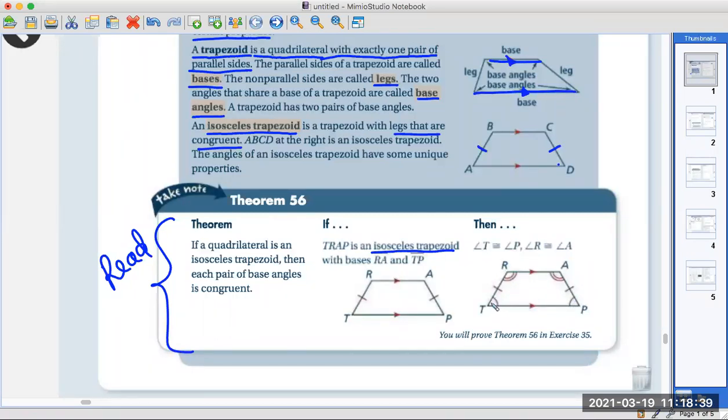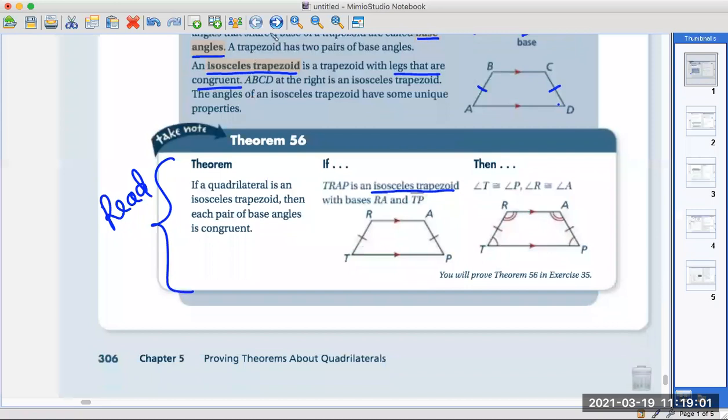Like angle T and angle P are congruent, and angle R and angle A are congruent. Doesn't mean they're congruent to itself. It's just two pairs of congruent angles. So this right here is our first theorem. Make sure you always highlight this to go back and look it over when you do your homework.